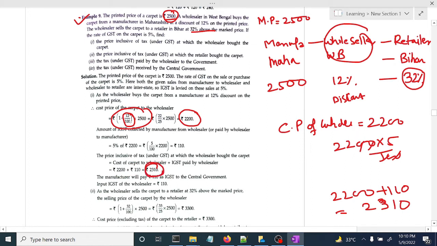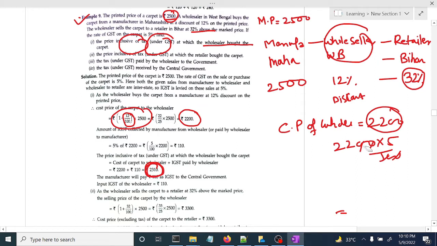This is the price at which the wholesaler bought it, inclusive of GST, because it's just including tax. So my cost price plus my taxes. I hope it's clear.